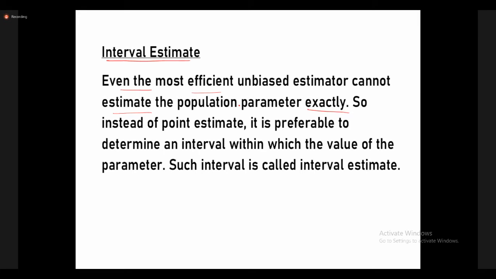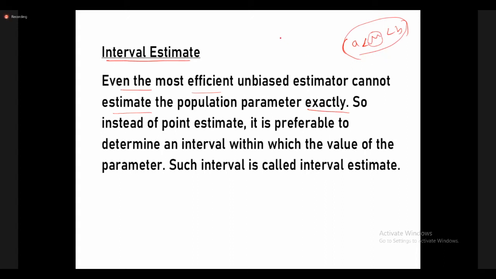We are getting some error. In such a case, it is better to find a range between two points, and that is called interval estimation. This is the actual population mean; the exact value we are not estimating. Sometimes it is better to evaluate an interval estimate.